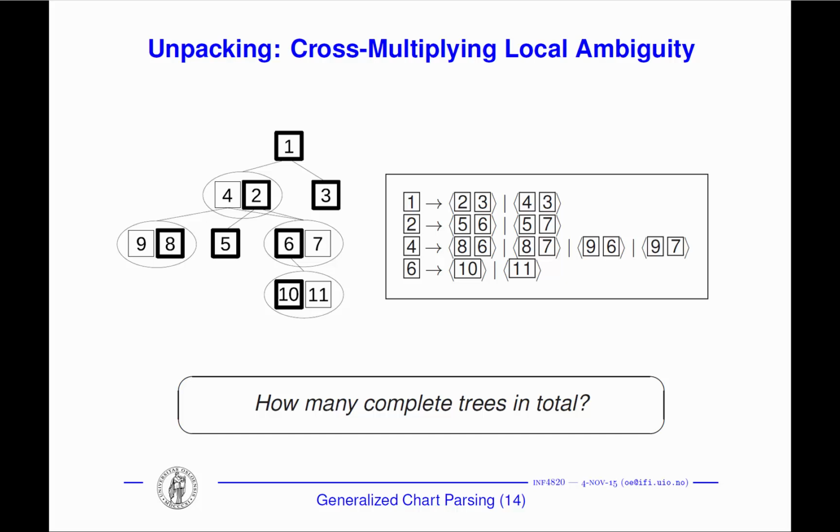So 4 by itself represents 4 different local cross products. And now I'm asking, how many complete trees does this forest actually contain?